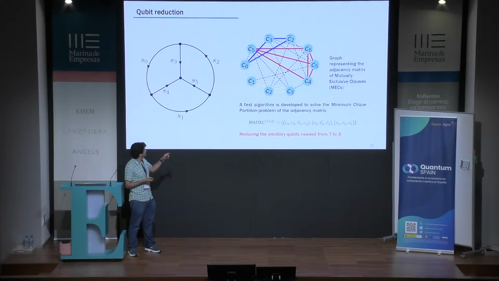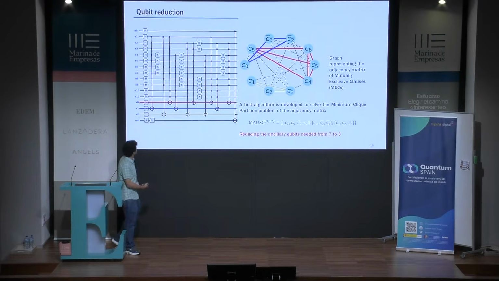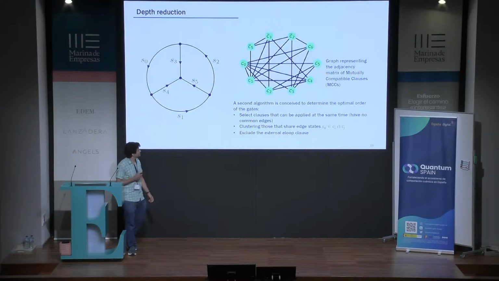They are represented in different colors, and then we have the solution of the different subgroups that we can use as an ancillary. Then we have the representation in the diagram and how each subgroup is represented as an ancillary. So this idea reduces the qubits needed from 7 to 3 qubits.